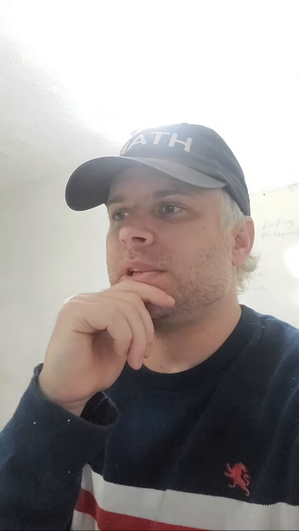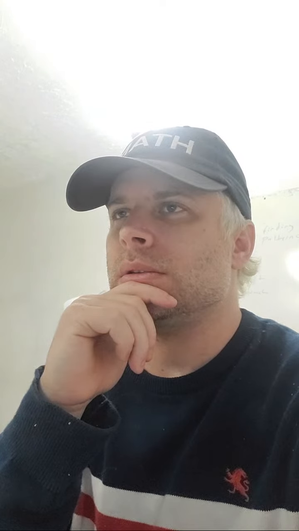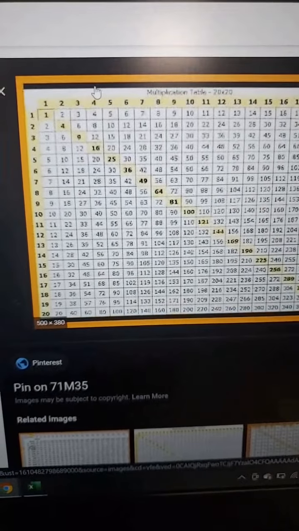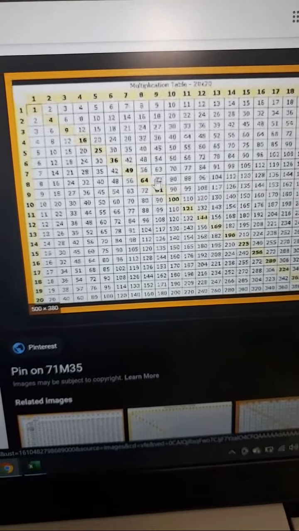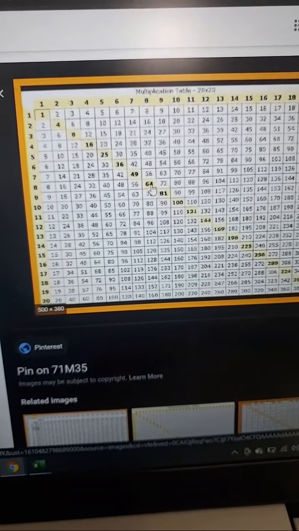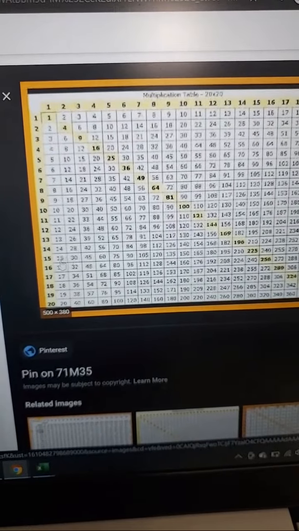You have to search between those two primes. That's a good question. So if you have your multiplication table, and you select between two squares, and you go diagonally.